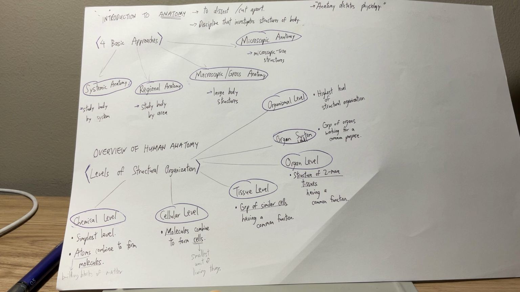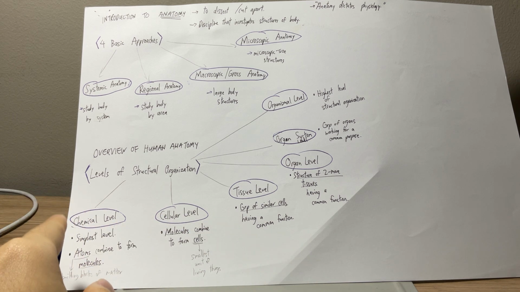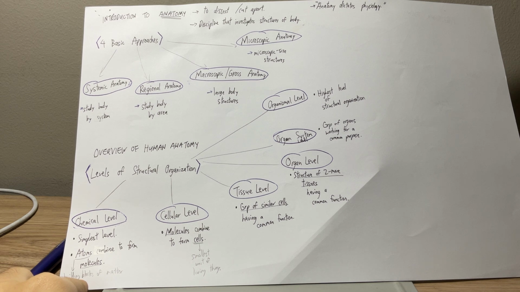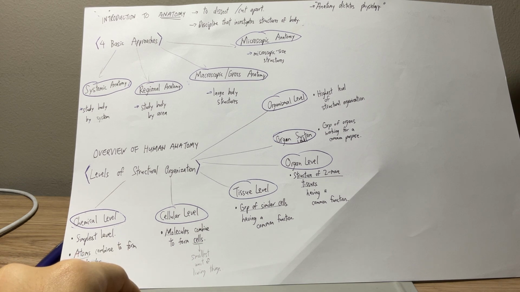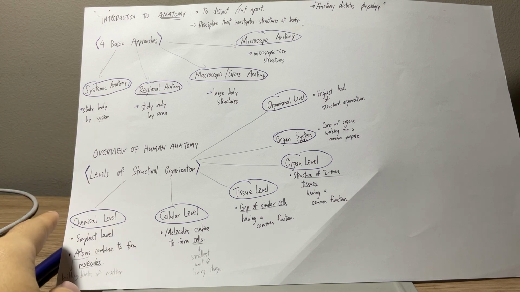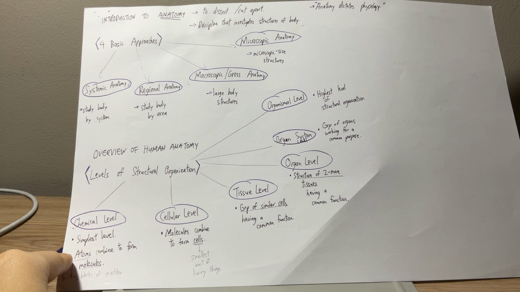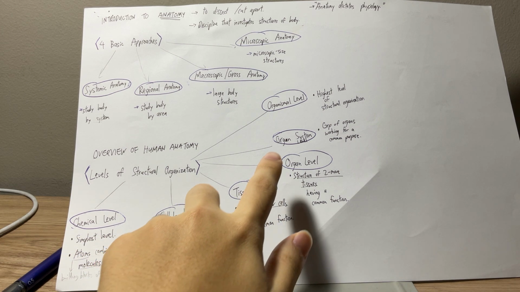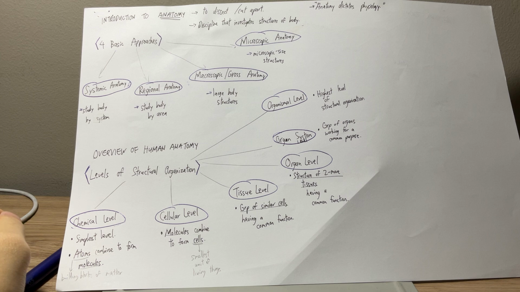Structural organization. I think we did tackle this at one point in grade 12, but not as deep as this. For basic approaches, overview of human anatomy: chemical level, cellular, tissue, organ system, organismal. That's a lot to memorize.